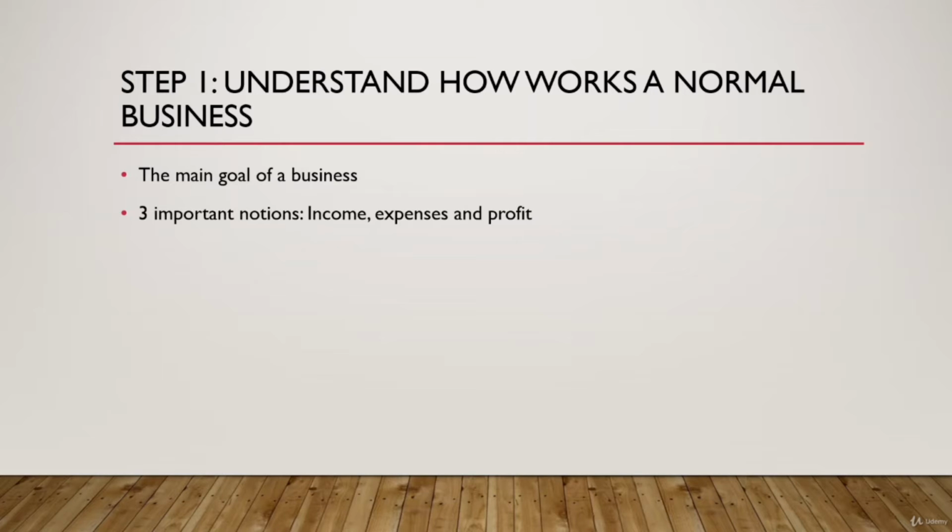Well, the second store makes less income but has a bigger profit. So what you have to understand is that income is important, but the most important thing is the profit. How you handle your expenses will dictate the profit that you will have in the end. That's how it works for a normal business.